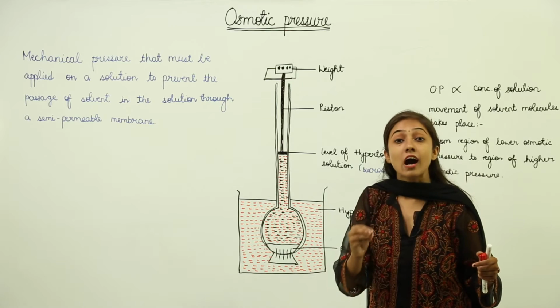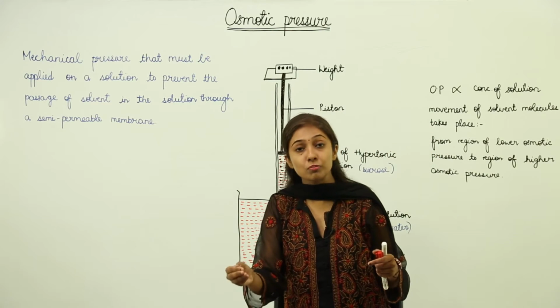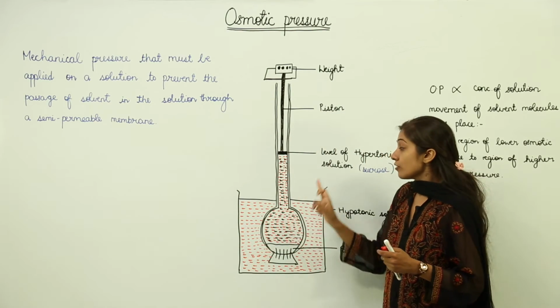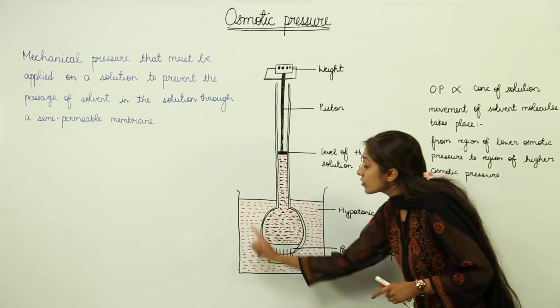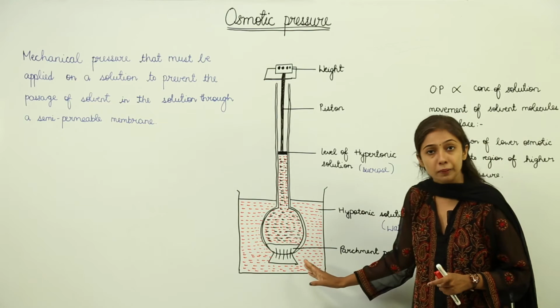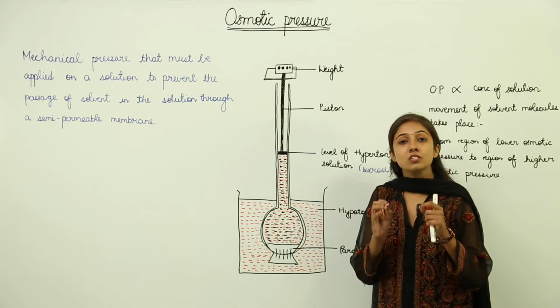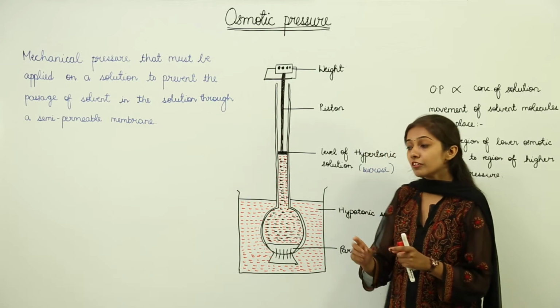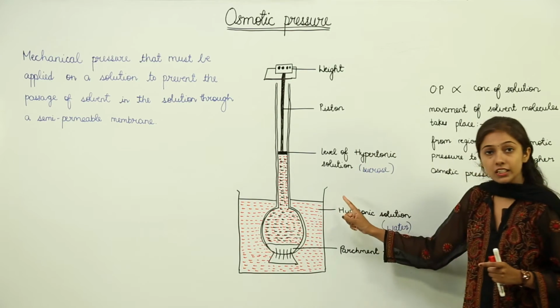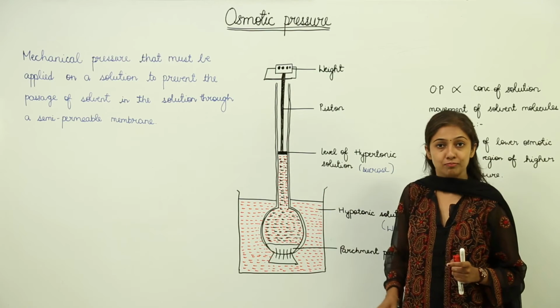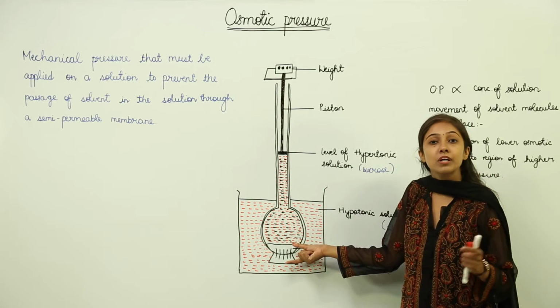So, this is now a concentrated solution, which means the water molecules here are going to be fewer as compared to the water molecules in the beaker. So, according to the osmosis process, the water molecules in the beaker will move into the thistle funnel through the semi-permeable membrane.